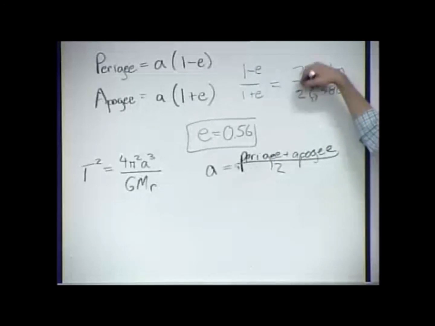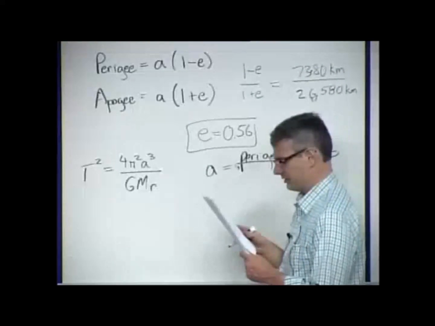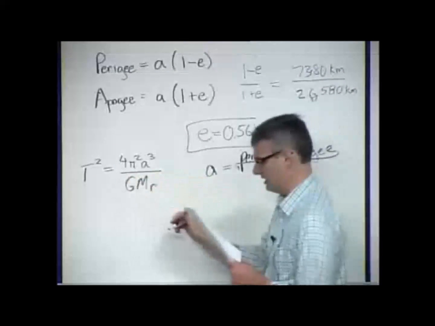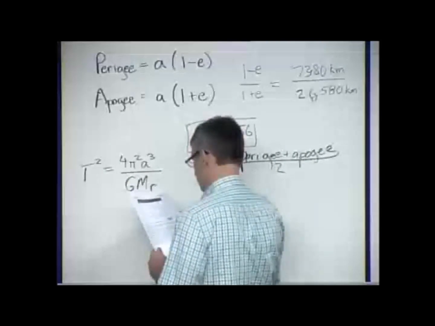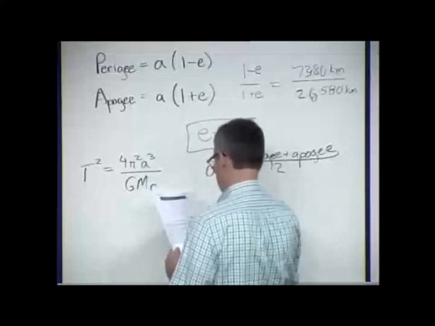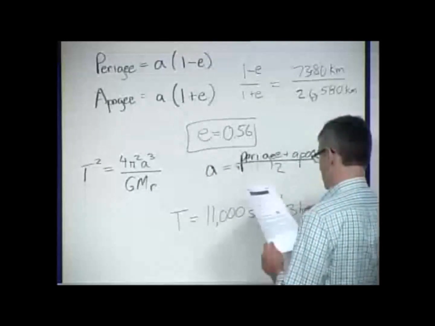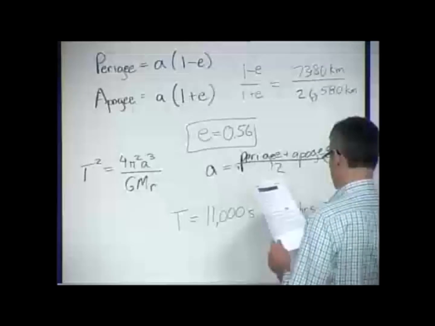So if I average these two quantities and solve for T, what I get, T is equal to 11,000 seconds, or 3 hours and 3 minutes.